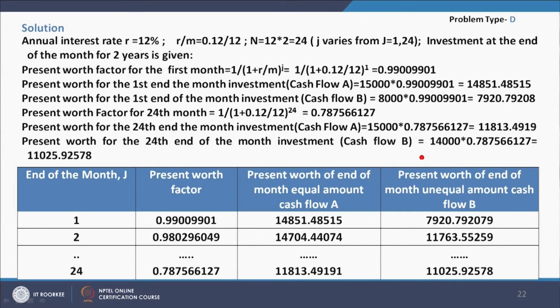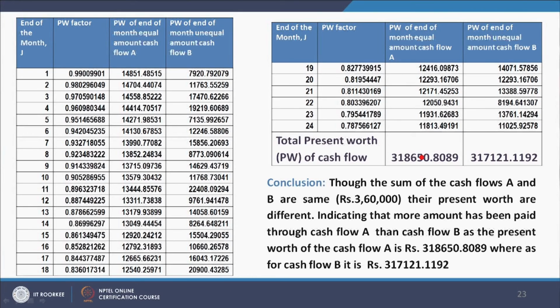Similarly, we have calculated the present worth of all the cash flows, and when we add them up, for cash flow A the present worth is 3,18,650, and for cash flow B this is 3,17,121.1192. So, what conclusion do we make?